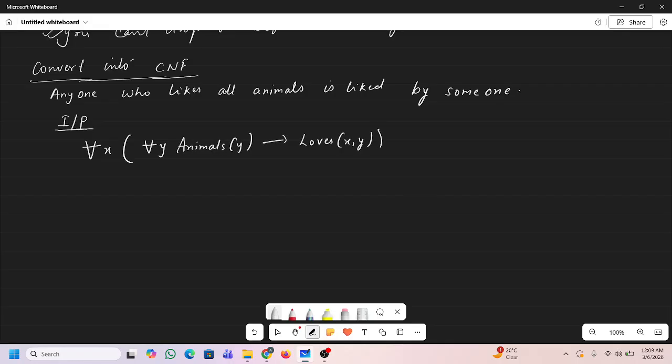If this holds, then it implies that there exists some y that loves x. So this is the input, and now I want to convert it into a CNF form.